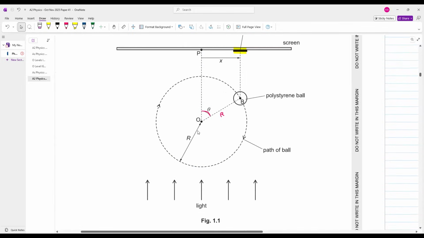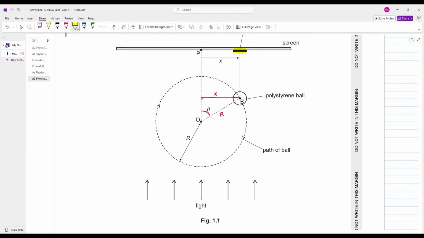We have to determine an expression for this x. How will we find x? Let's assume this is a line perpendicular. This is also equal to x. Can you realize this entire thing is a right angle triangle? How will you calculate this x?